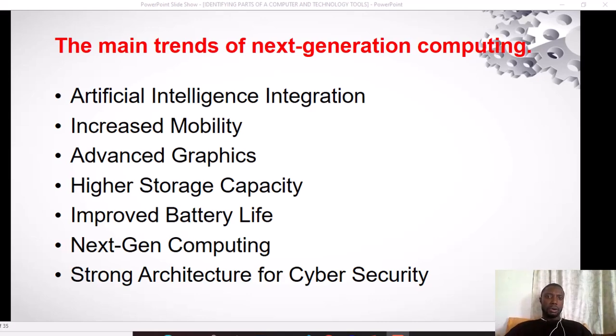We will talk about a few of them, and then try to explain each one for you to understand what all the listed items really mean. First, artificial intelligence integration, where we all know the AIs that have come to help us in our assignments, lessons, research, and other things. Then increased mobility, meaning how advanced mobile phones have become. There are so many very advanced phones.